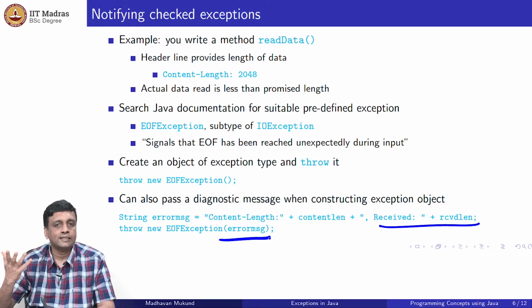So when you create an exception object, you can either create it with no parameter, so it just produces a kind of empty object which just says this is what happened, and from the type of object you can try to decide what error it was, or you can provide a string as a diagnostic which tells you in addition to the type of object what was the specific context in which this error was generated.